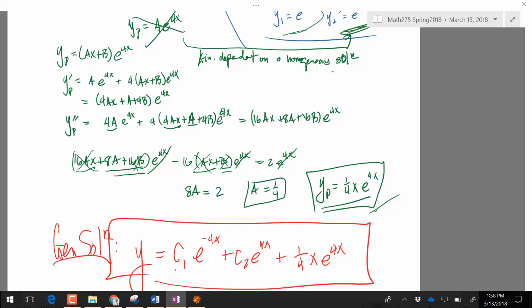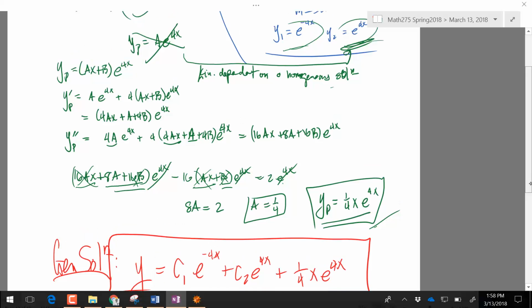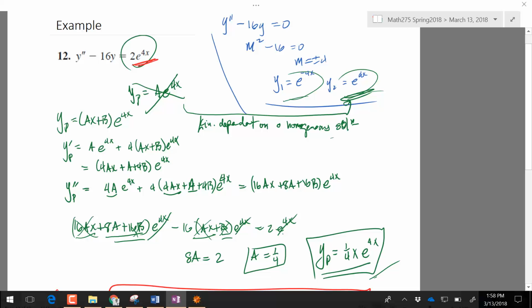Questions? You're going to do it this way if your right-hand side is linearly dependent with one of your homogeneous solutions.